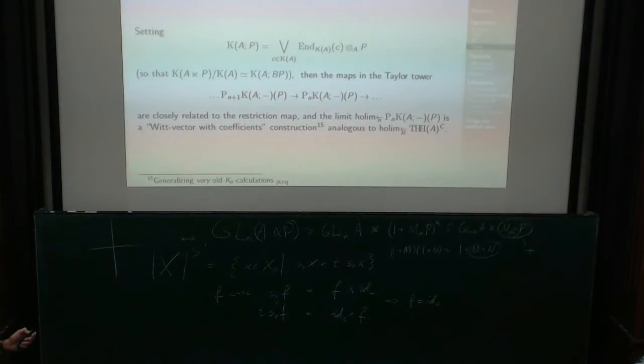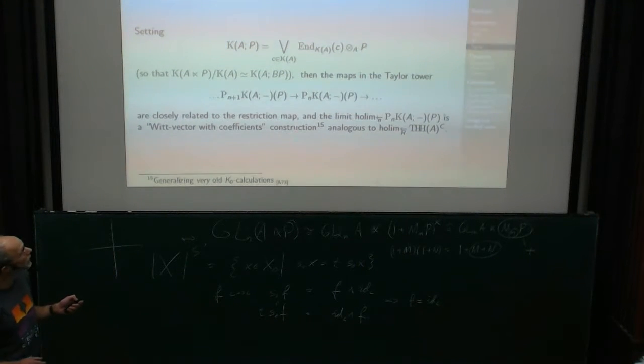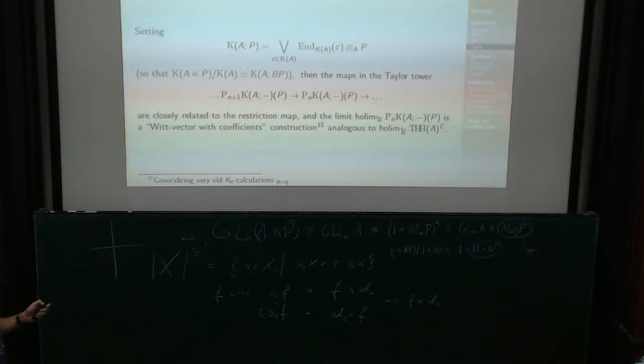This is due to McCarthy early on, and Ayelet Lindenstrauss, and he wrote a paper together in 2012 building on those ideas, and probably adding a lot of new ones. This goes way back in history, to an old paper by Almkvist, I think in '71, where he studies exactly this K-theory of endomorphisms.